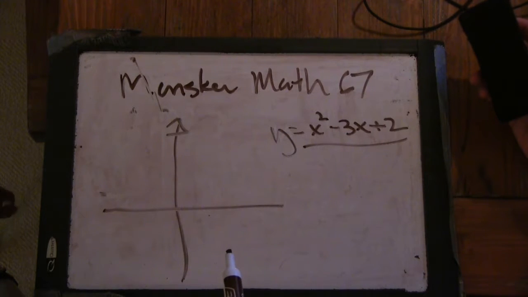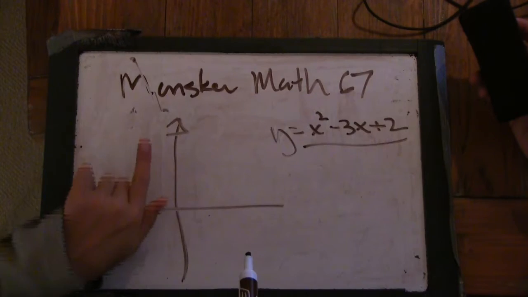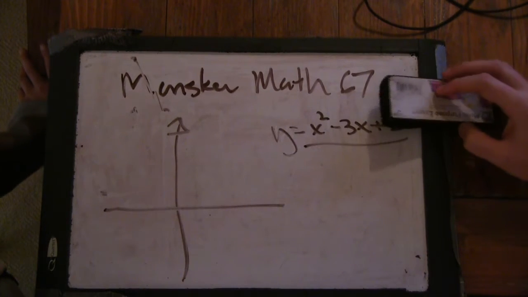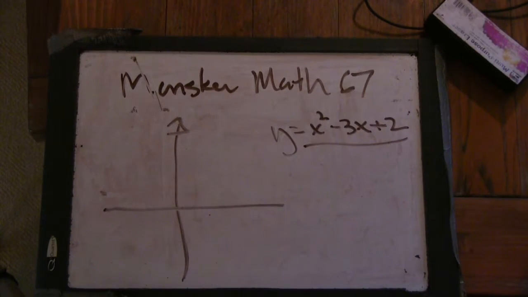Well, we know the plus 2 will shift everything up 2. That's true, but I'm not sure you know what x squared minus 3x looks like. We don't. So we've got to find a strategy that's going to help us.